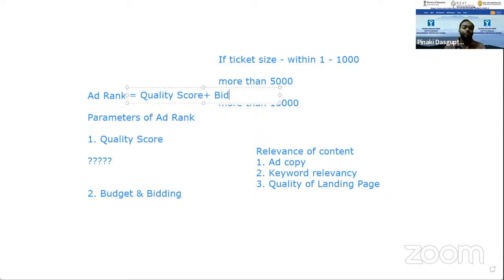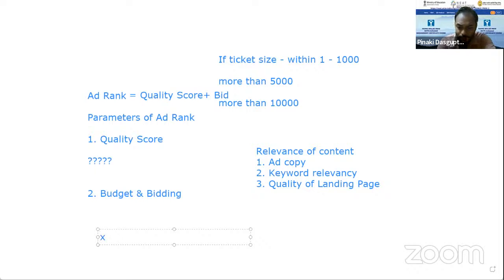Okay. So if your quality score is very good, if it is excellent, then your ad will cost less. Like you can rank your ad at a very lower cost. Say you have two competitors.